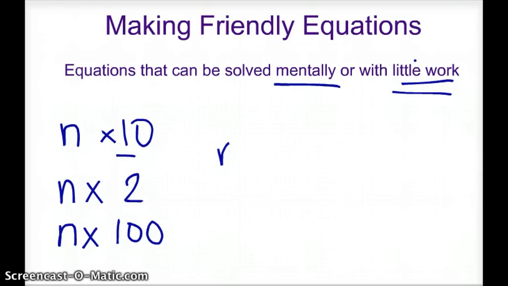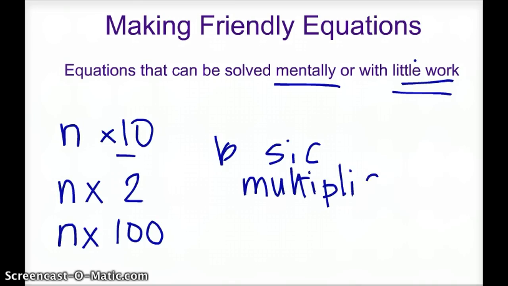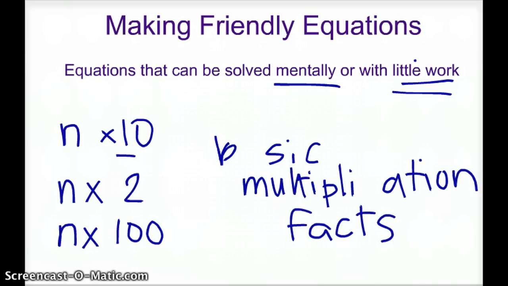Any number that requires basic multiplication facts, those are much easier for us to solve because we should have our basic multiplication facts memorized already. So these are the things that we're going to be relying on when we talk about making equations that are friendly. So let's start with an example with the number 16.